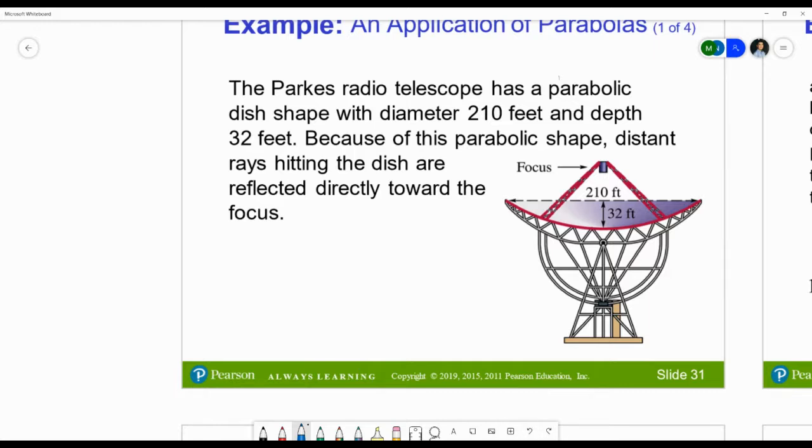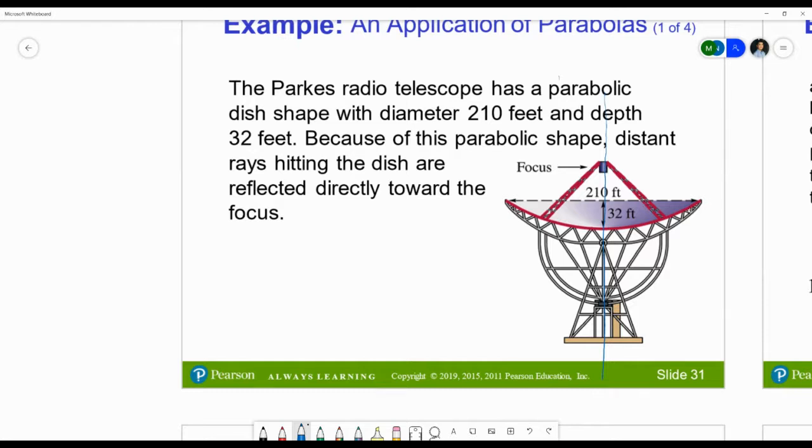You have to assume that the vertex is directly underneath the focus. Well, we already know that it opens up. Now, my question to you is, where is my x-axis? The x-axis would be the dashed line, right?